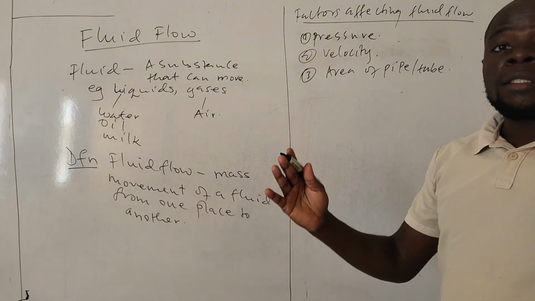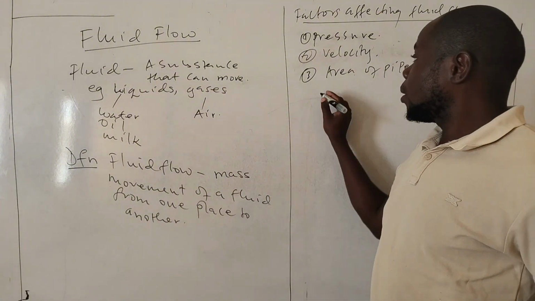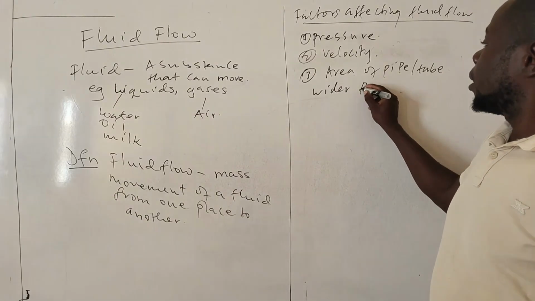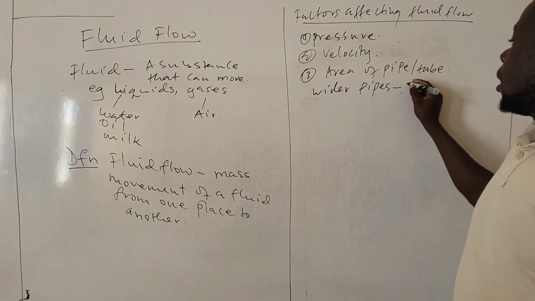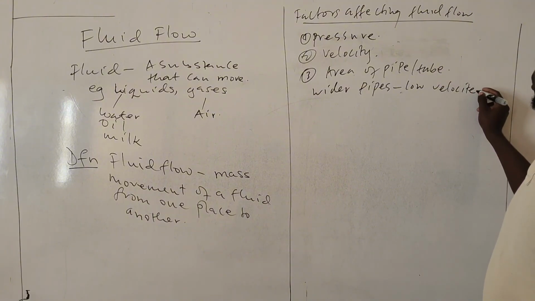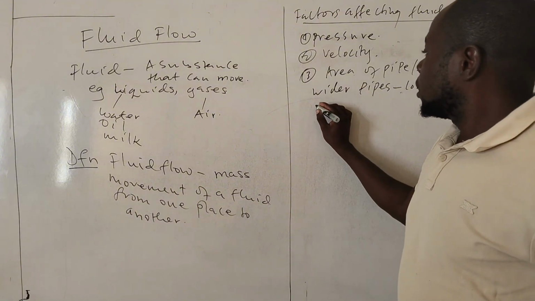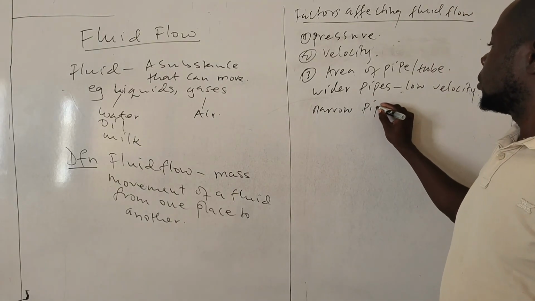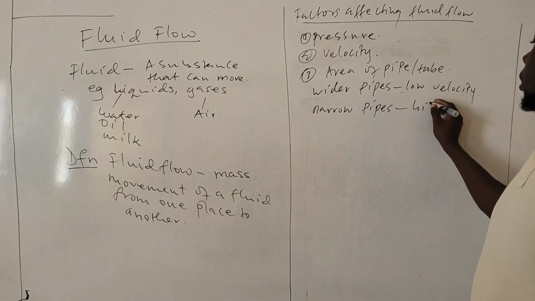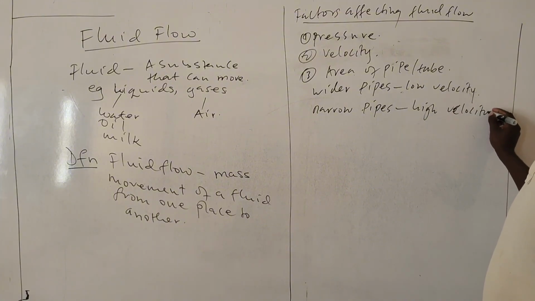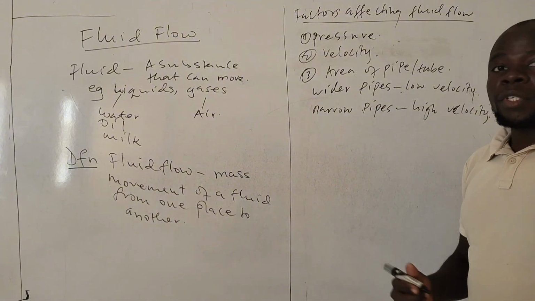So wider pipes have low velocity, and narrow pipes have high velocity, and vice versa.